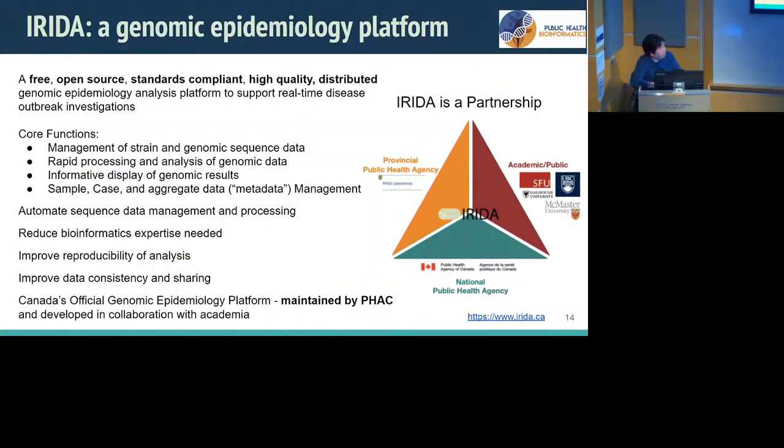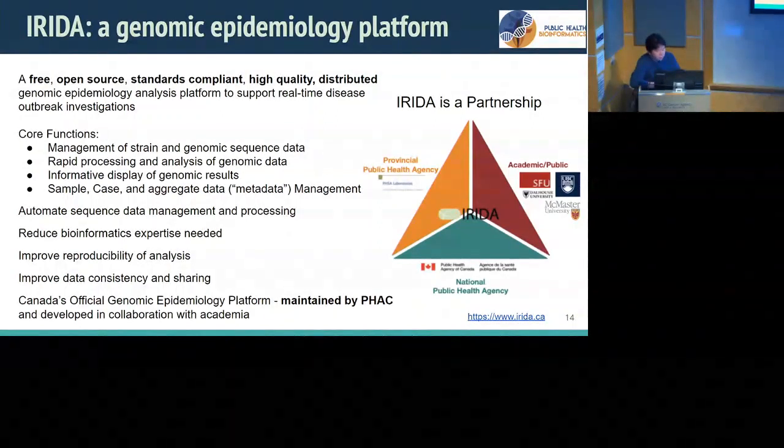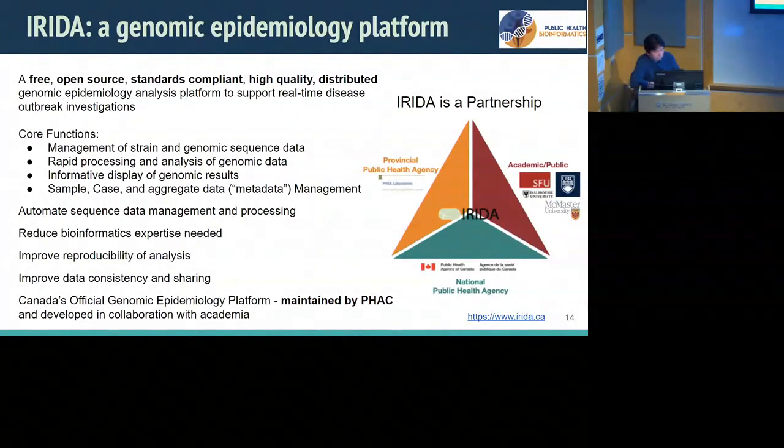It started as a partnership between SFU, Fiona Brinkman, and the National Microbiology Lab in Winnipeg, Gary Van Domselaar, and myself as the PIs. And over the years, we have had additional people joining, and we have been quite successful with attracting research funding to sustain this partnership, but also to sustain this platform, which I'll tell you more about.